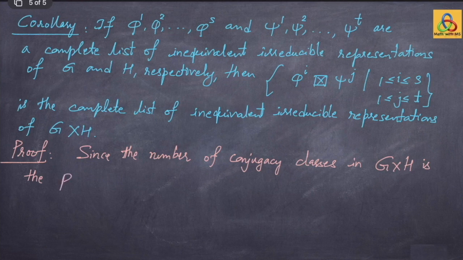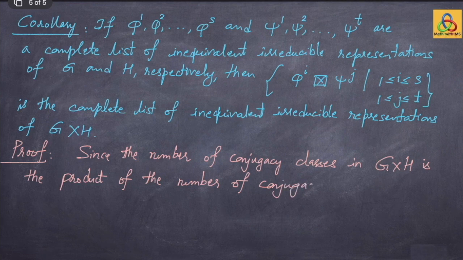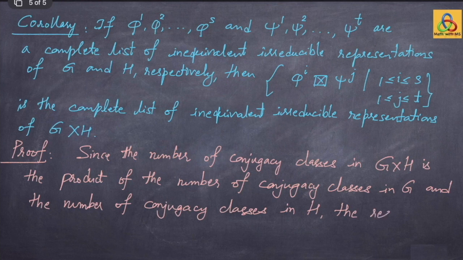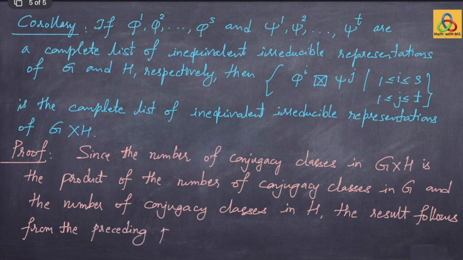Okay, and since the number of conjugacy classes in the first group is same as the number of inequivalent irreducible representations of that group, and the number of conjugacy classes in the other group is same as the number of inequivalent irreducible representations of that group, therefore the exterior tensor products of irreducible representations phi i of G and psi j of H give the complete list of inequivalent irreducible representations of the direct product G cross H.